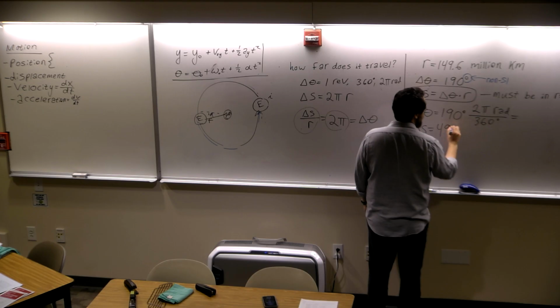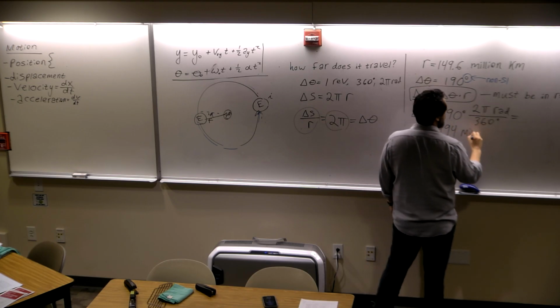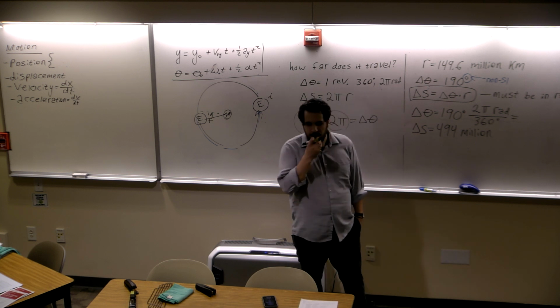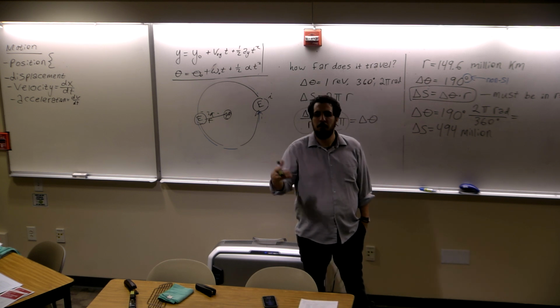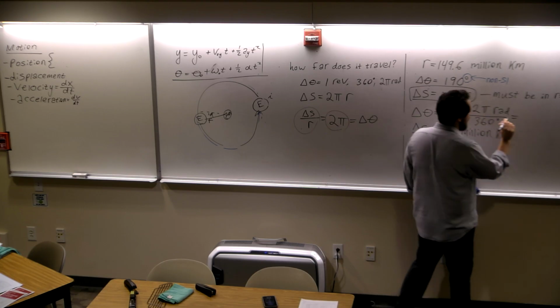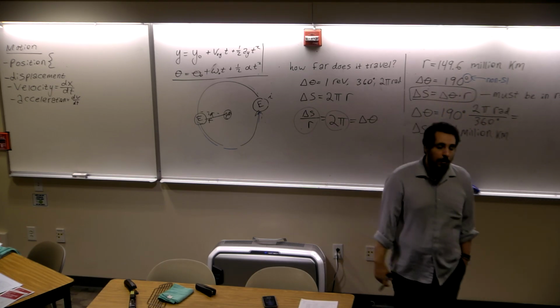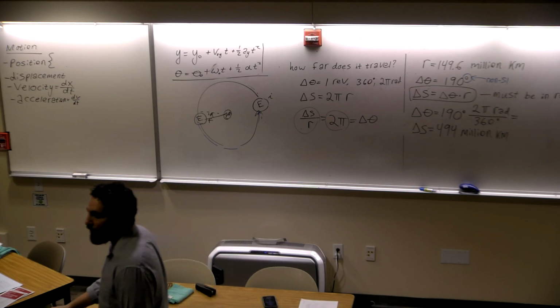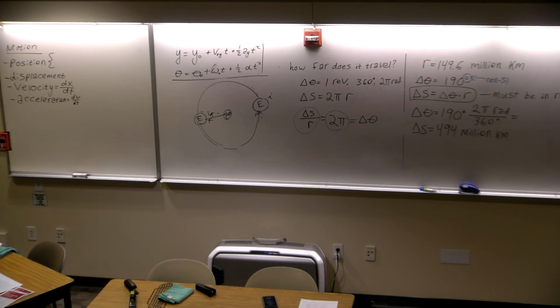It'd probably be 494 million kilometers. Wow. We could write 494 billion meters if we wanted to, 1,000 meters to a kilometer. Do we feel all right about this? All right. It's not so bad.